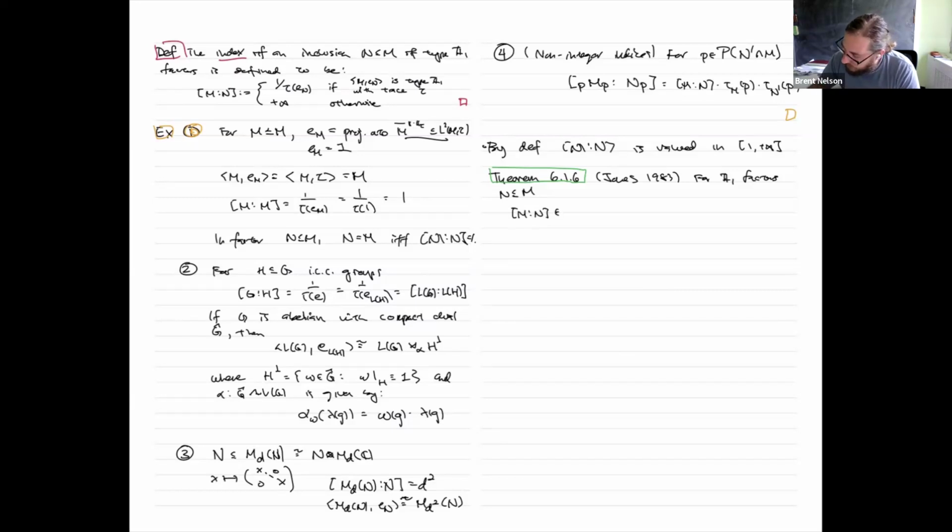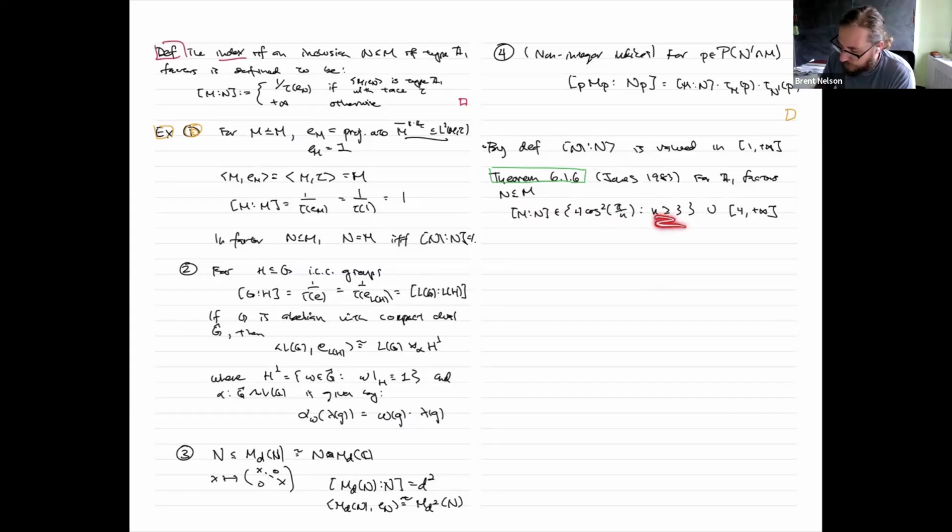I'll put the not surprising part at the end. It can take any value from 4 to plus infinity, but between 1 and 4, it can only take the following values: 4 cosine squared of pi over n for any n bigger than 3.